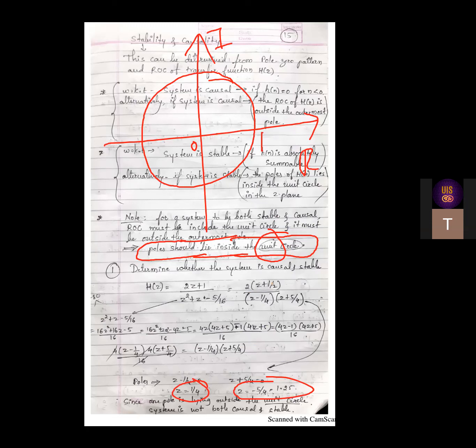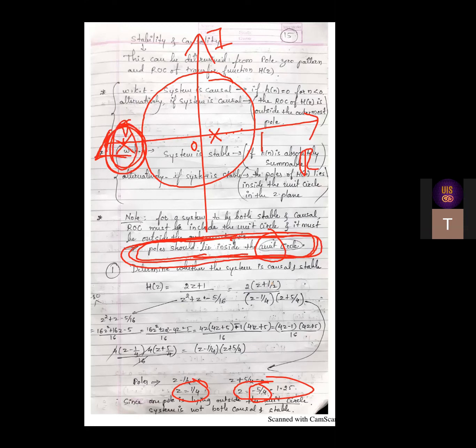If I divide it like 4 parts, somewhere here I'll get one pole. And this is minus 5 by 4, so minus means here in this direction. Minus 5 by 4, 1.25, somewhere here I will get the second pole. But according to the condition, a pole should lie inside the unit circle. But this pole is not inside the circle, it is coming outside.